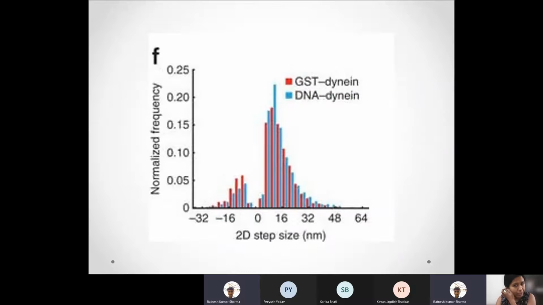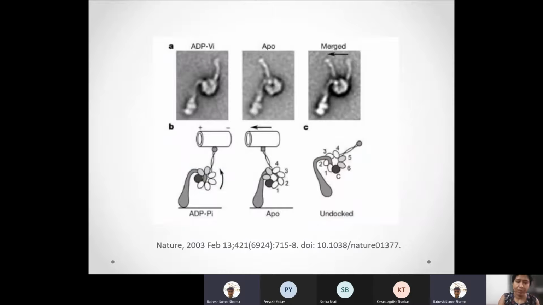What they did was combine crystal structure data with data from cryo-electron microscopy to understand how the different parts, specifically the linker, the stalk that binds to the microtubule, and the associated N-terminus that is carrying the cargo, are positioned as this dynein motor is walking on microtubules. If it is walking on microtubules, then it should have various conformations, right? It should have a conformation where it binds to microtubule, where it creates the power stroke, where it perhaps detaches from the microtubules, and each of these should have a different conformation.